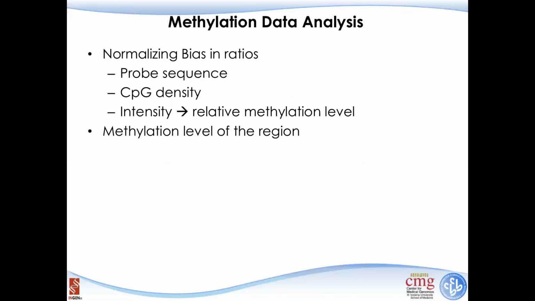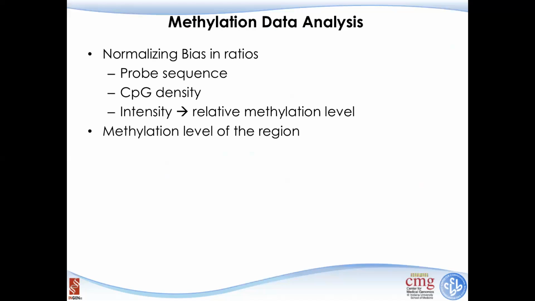And the bioinformatics analysis on that one is okay, but we have some kind of challenge there. First, we need to normalize bias in ratios, because the bias comes from things like sequence, GC density, or intensity.